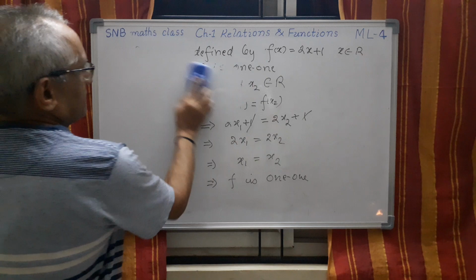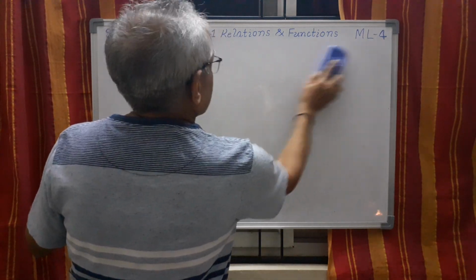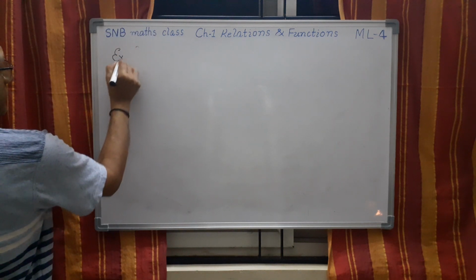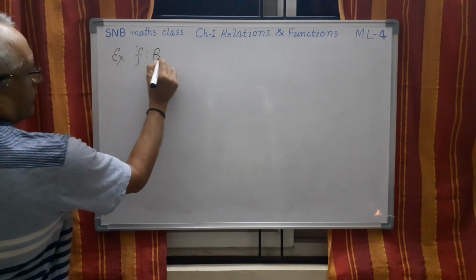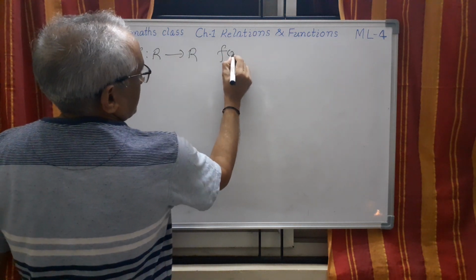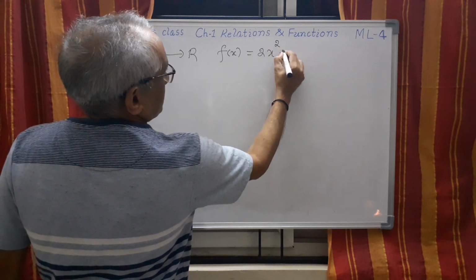So let us take, say, f is a function from R to R defined by f of x equal to 2x square plus 1.